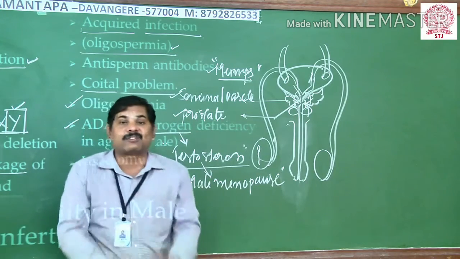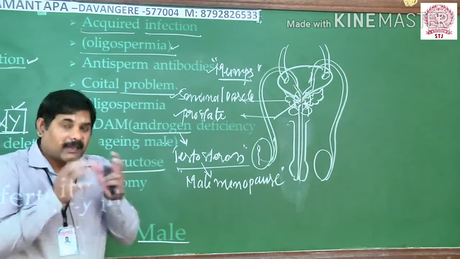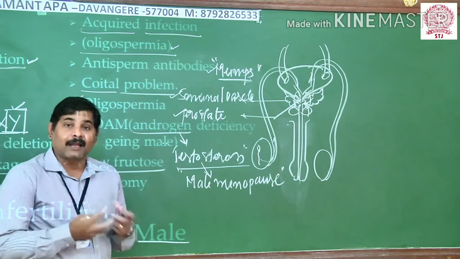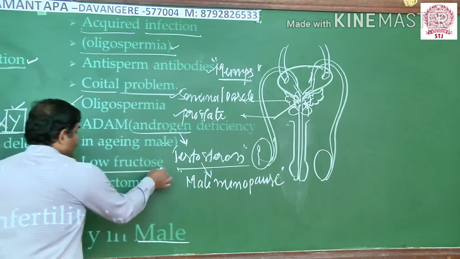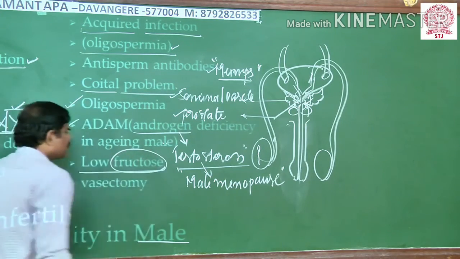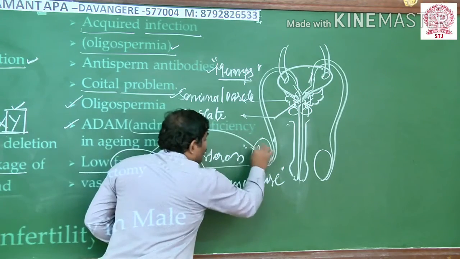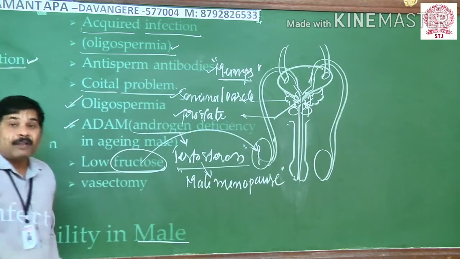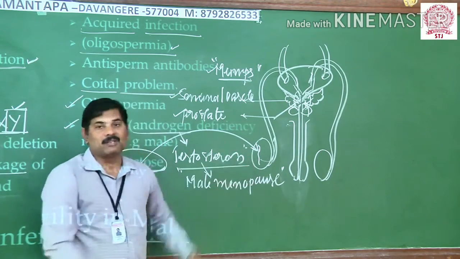All these secretions together we call seminal plasma. This seminal plasma consists of certain chemicals, and among them, fructose is very important. This fructose provides nutrients to the sperms and keeps the sperm in a living condition.